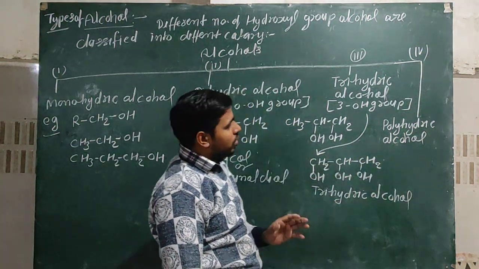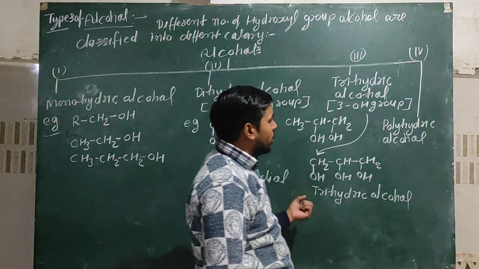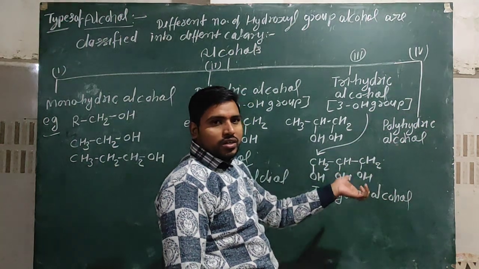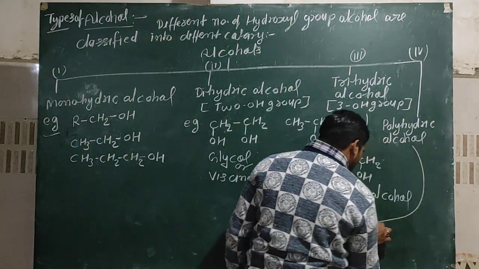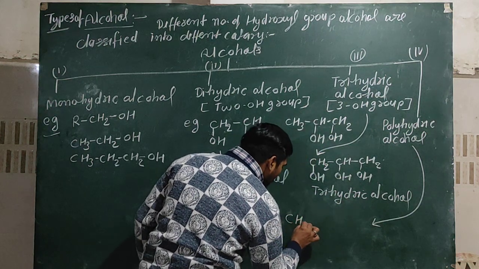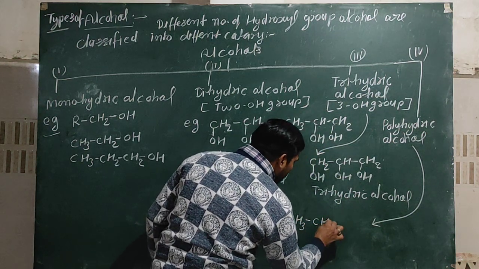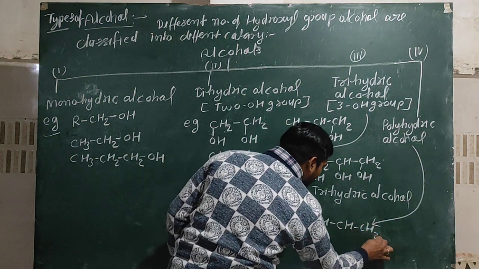If any alcohol contains more than 3 hydroxyl groups in its structure, then it is known as polyhydric alcohol. For example, CH3, CH and CH2.